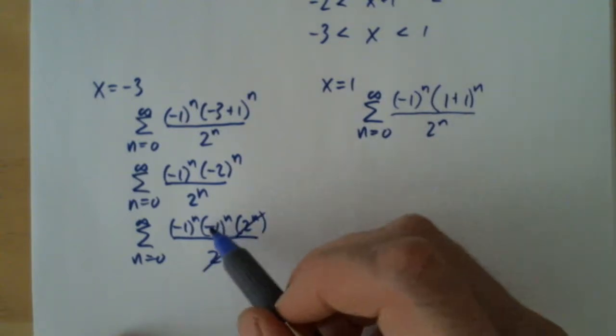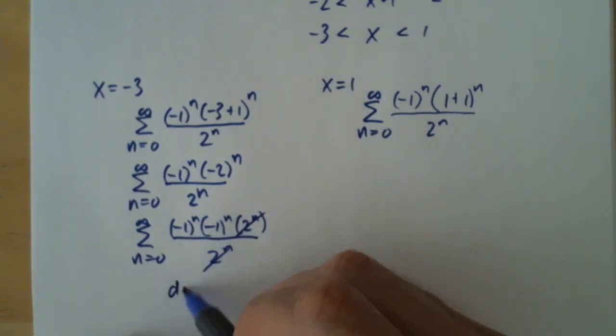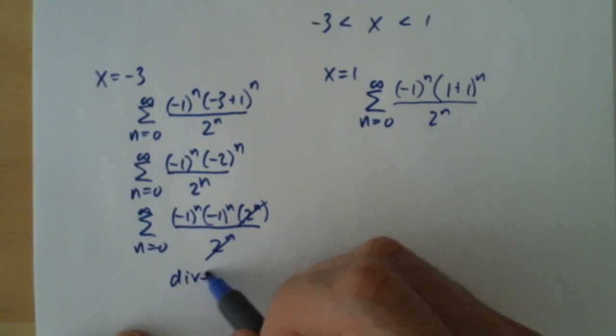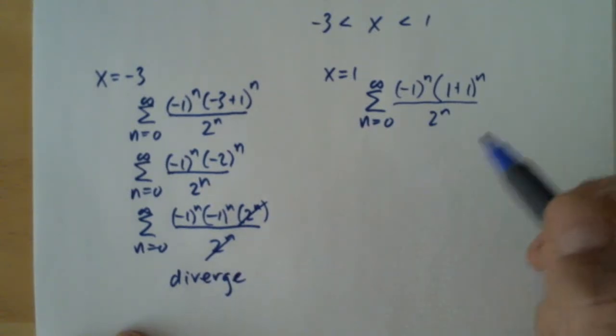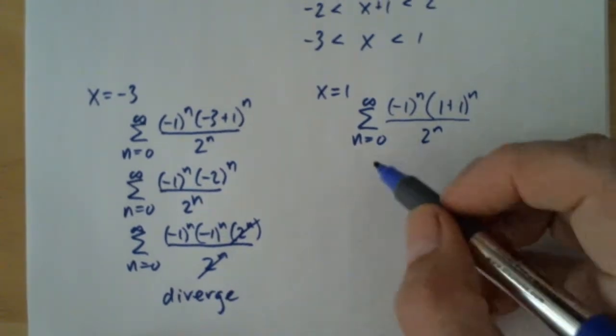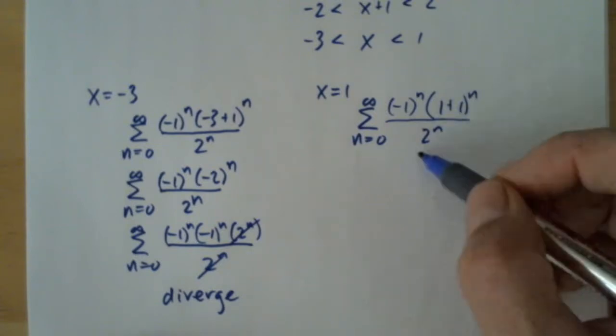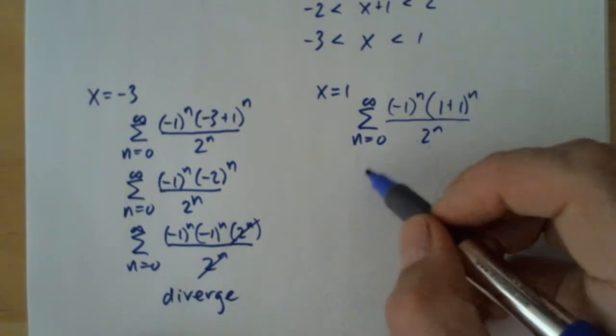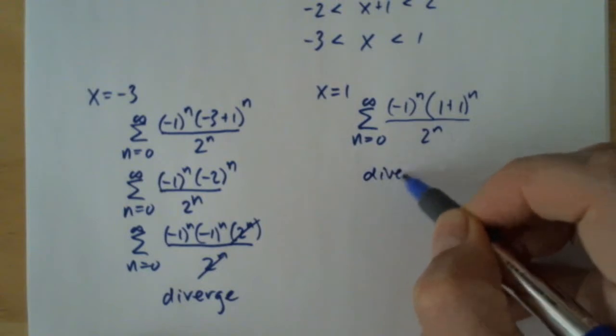So those cancel. These will be a positive 1, and we just have this adding 1 over and over, so that diverges. And with this one, we'll have a 2 to the n. Those will cancel, and we'll also have divergence.